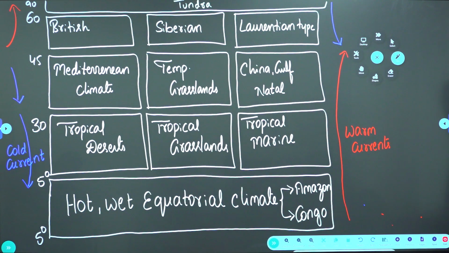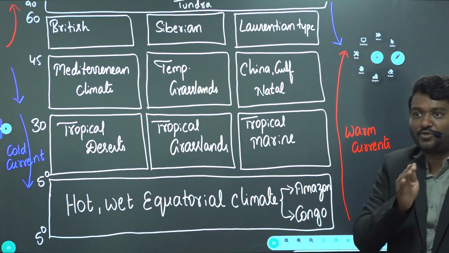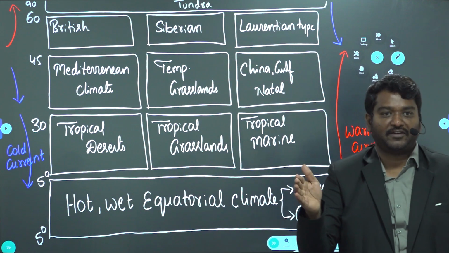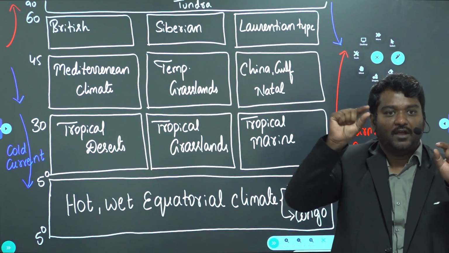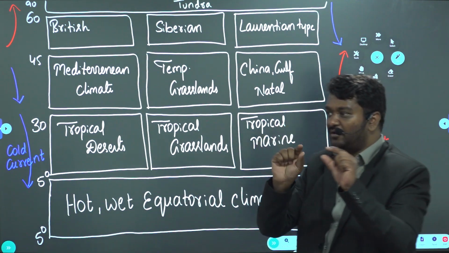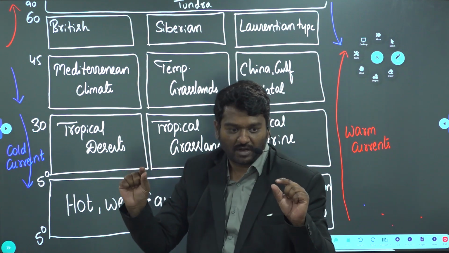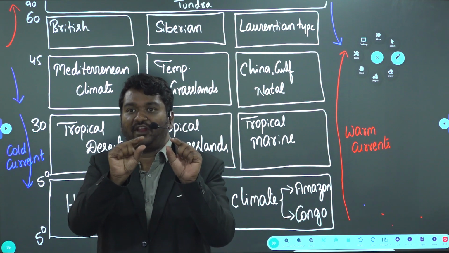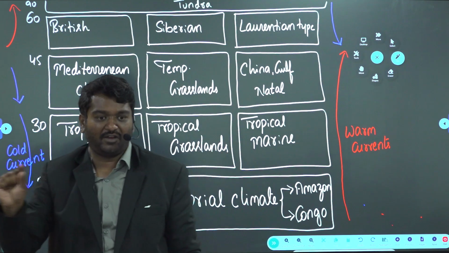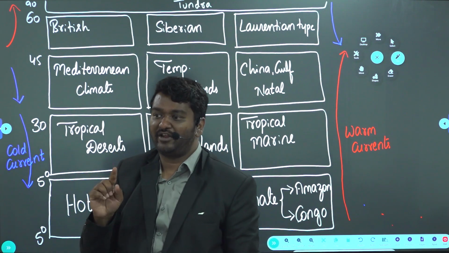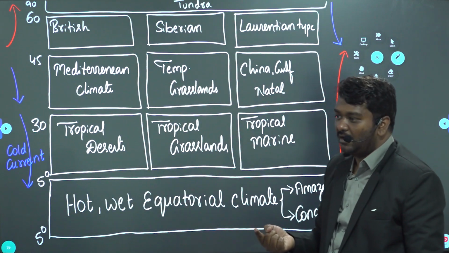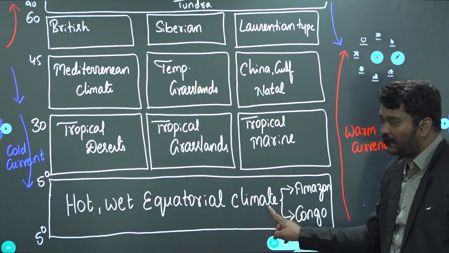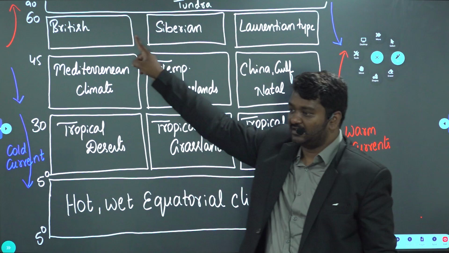Okay. First, where will you get rainfall throughout the year? They may give you a diagram of rainfall distribution. So every month, if rainfall is there, where will you have rainfall throughout the year? Like, one is equator, second is these three.